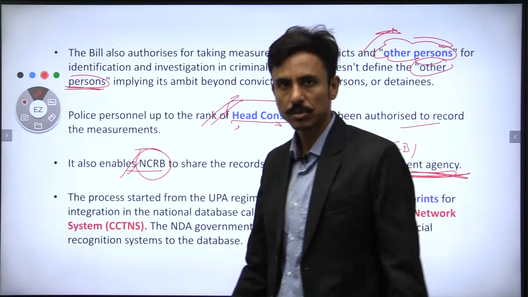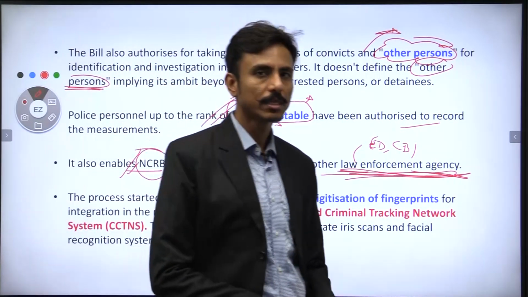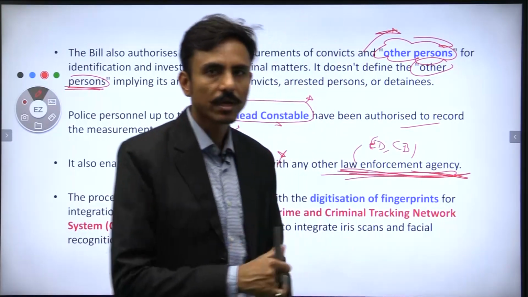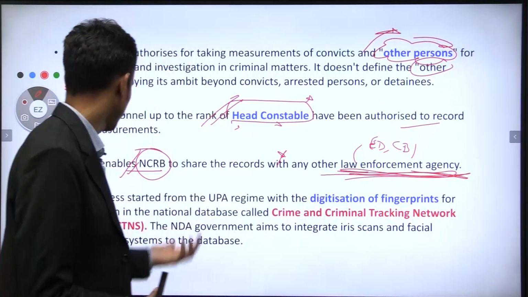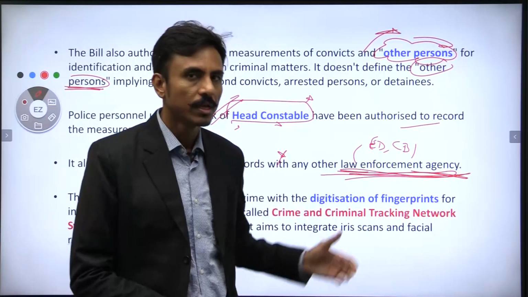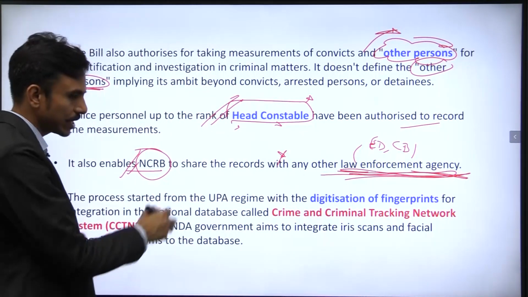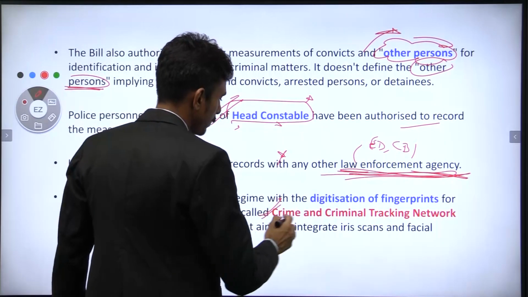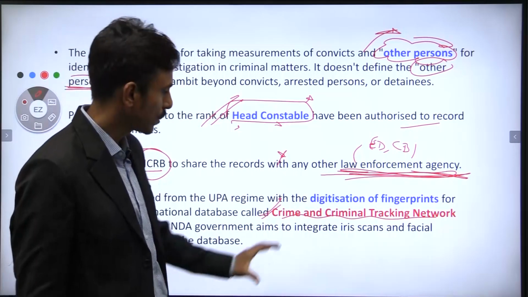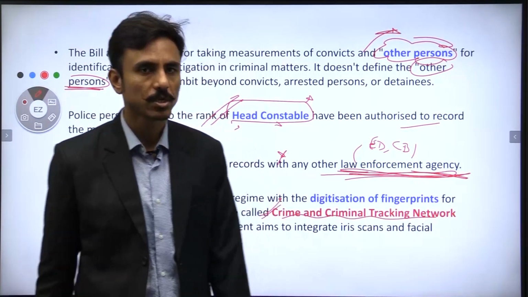This is also a very important statement. Guys, it is not a new thing. The process actually started with the UPA. In the UPA regime, they tried digitizing the fingerprints. They integrated the fingerprints of the person to the national database called the Crime and Criminal Tracking Network System, CCTNS. You would be remembering a few days back we had a session on CCTNS.